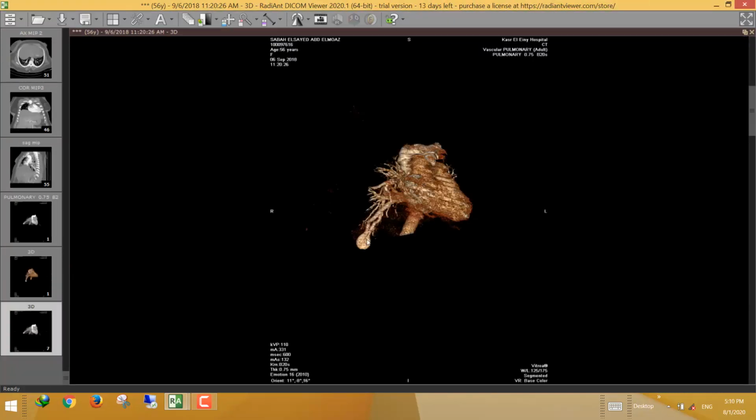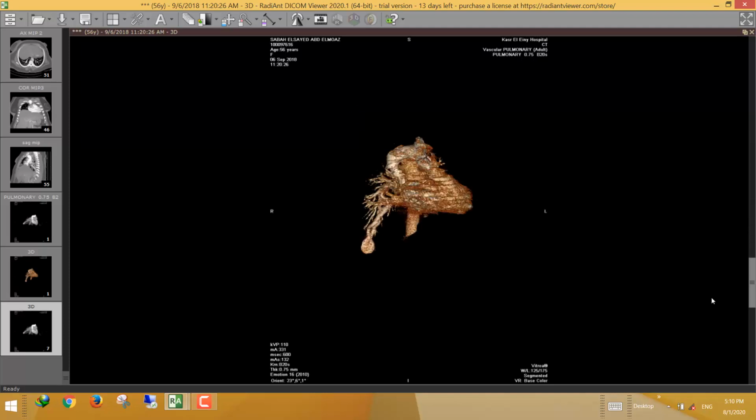We can see here this is the pulmonary nodule or site of the arteriovenous communication, and this is the hypertrophied arterial feeder and hypertrophied venous drainage. So this is a typical example for pulmonary AVM or AV fistula.